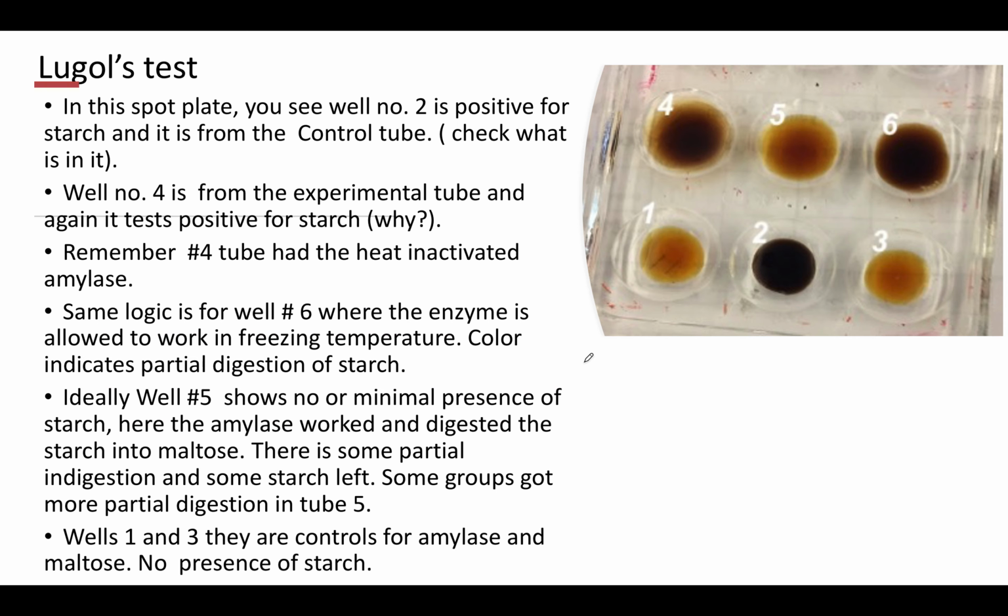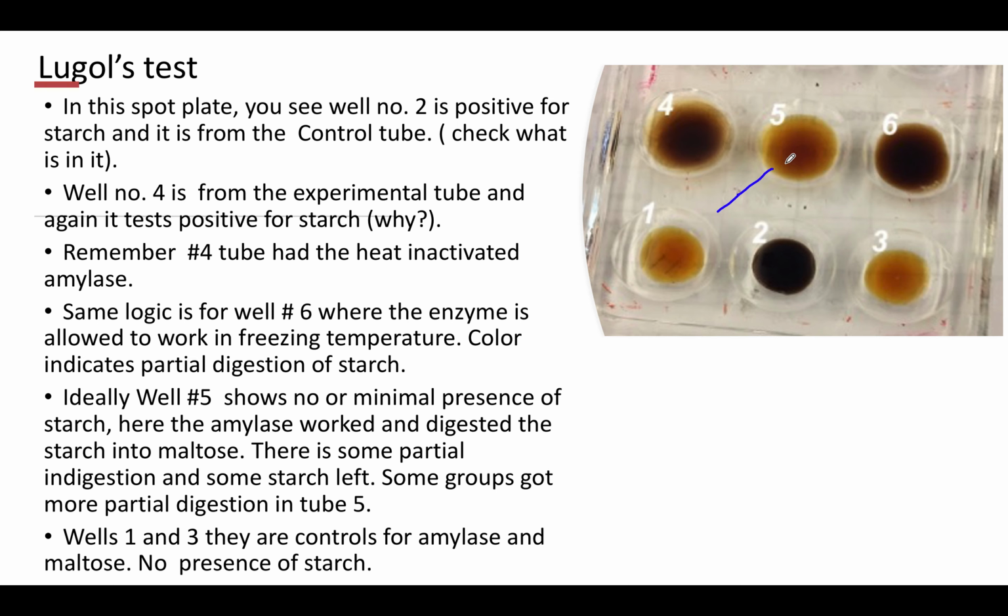Now let's go back here. Number 5 is closer to number 1, to our control. Remember what controls were? They were the known standards against which we are comparing. We know that this is the negative and this is the positive, so we're comparing against those.